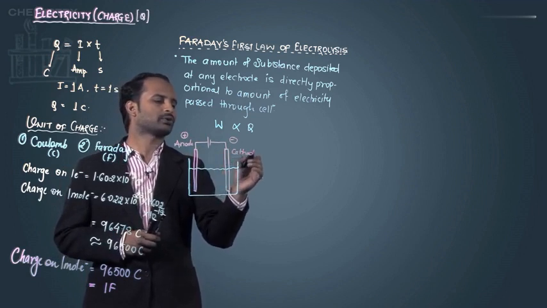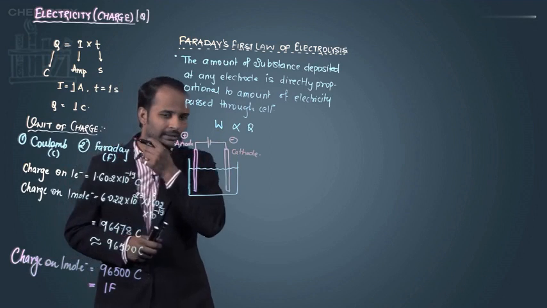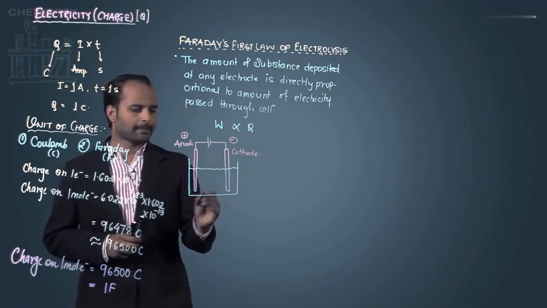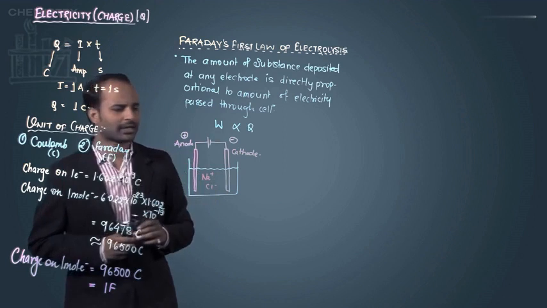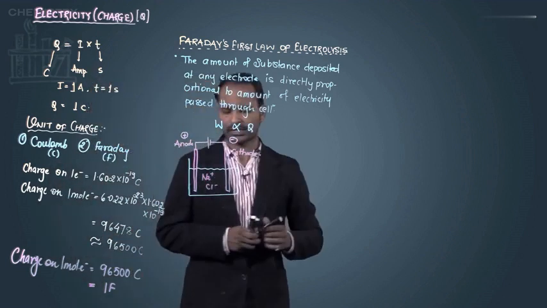So let this be the anode and cathode, and here we have molten NaCl inside, which means we have a large number of Na plus and Cl minus ions.